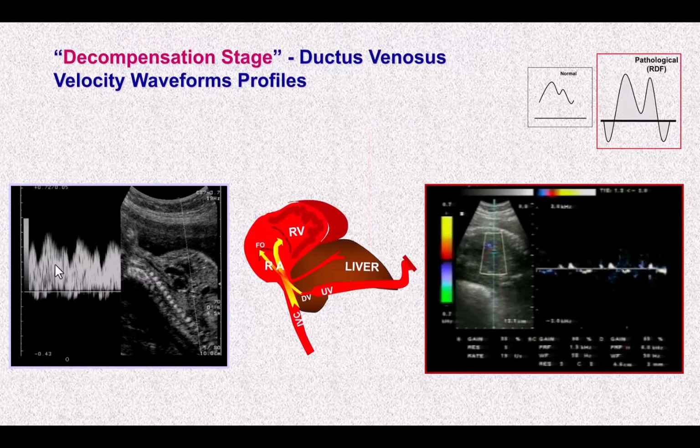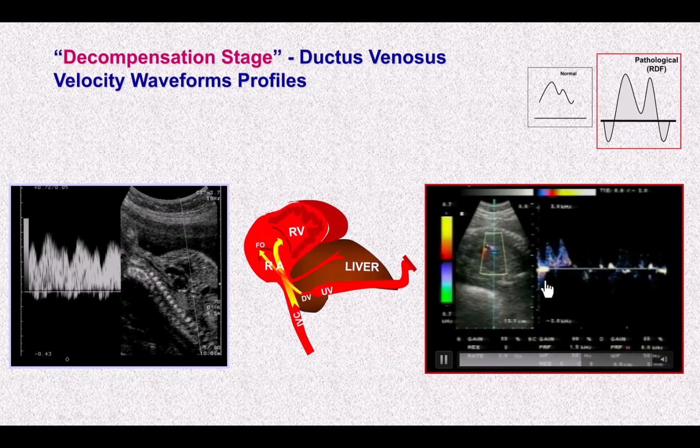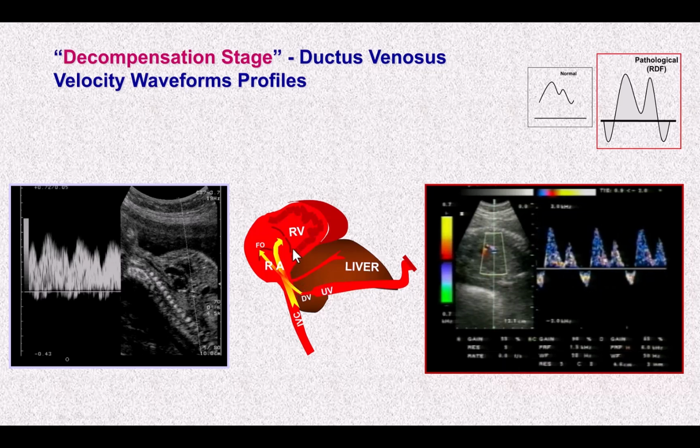Why? Because the hemodynamic event of the right side of the heart produces the alteration in the ductus venosus, which is directly connected to the right atrium.